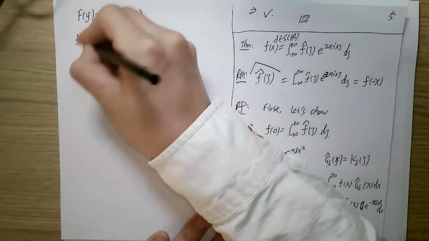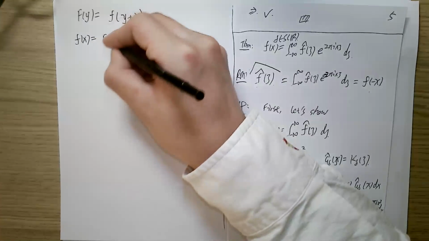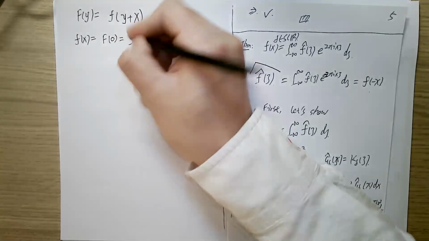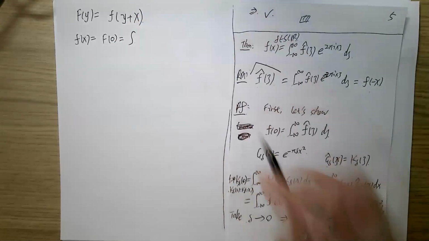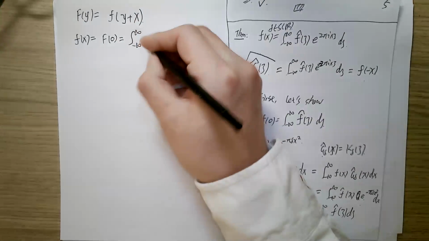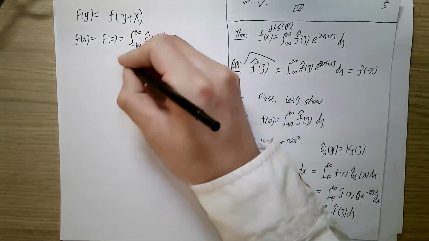Then what we have is f(x) is capital F(0), and capital F(0), by our property, is the integral from minus infinity to infinity of F hat of ξ dξ.